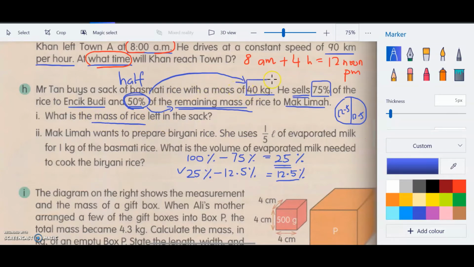So the original mass is 40 kg. Now he only has 12.5%. So 12.5%, he puts it over 100. Okay, because it's percent, so we put it over 100. And then times the mass, which is 40 kilogram.